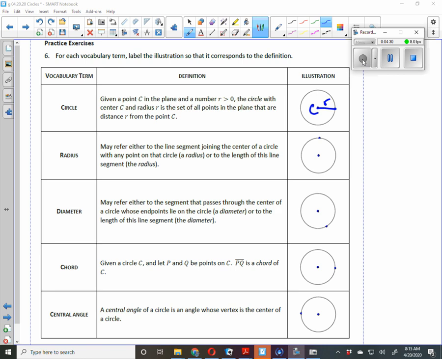Radius may refer either to a line segment joining the center of the circle with a point on the circle, or the length of the line segment. So either way, the radius is represented as the distance from the center to the circle. The diameter is going to be the distance all the way across. In other words, if this is r, then this is 2r.